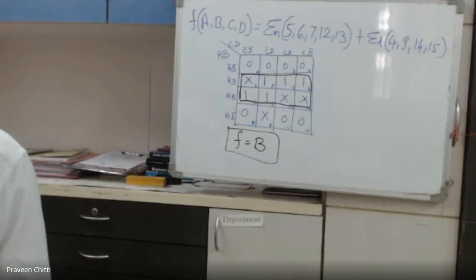Hold it properly. Just check all of you whether you are able to see how she has done the grouping. What she did is she has formed one octet and two chords. So the answer is B plus A bar D plus A D bar. Good, Richa. You can turn off. Thank you, sir.